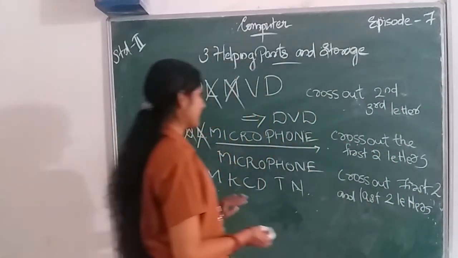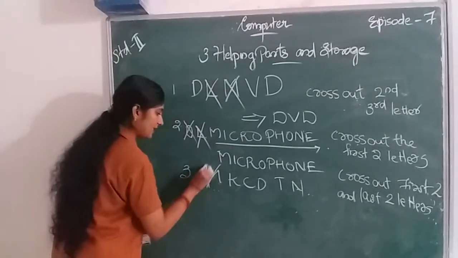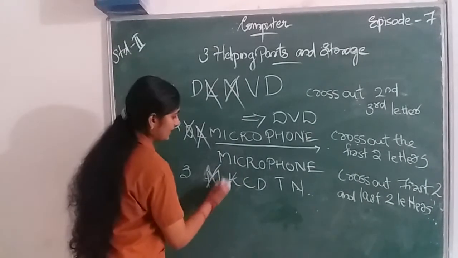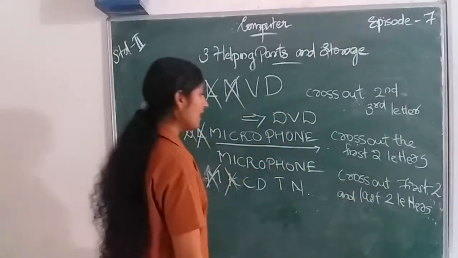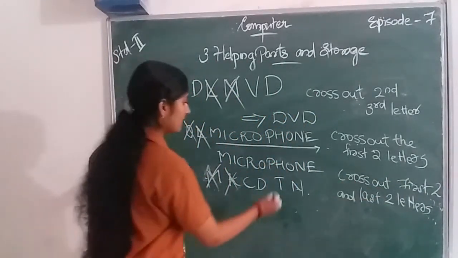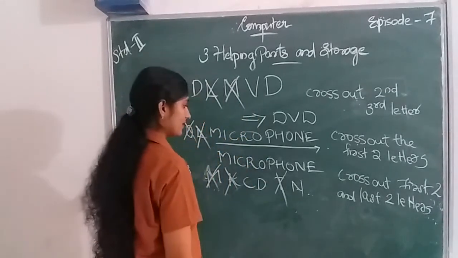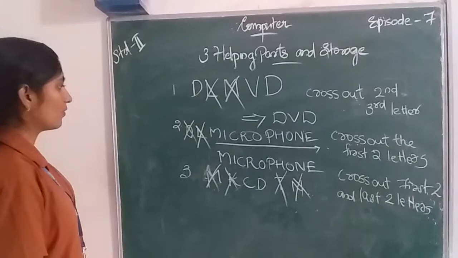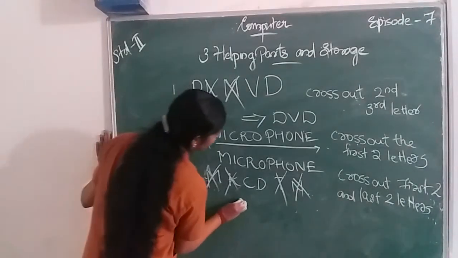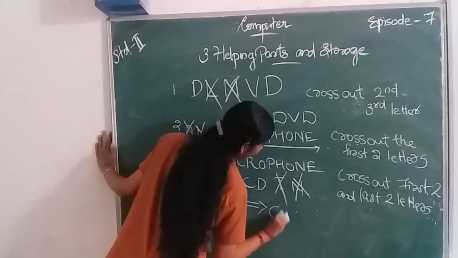Okay. So first two letters. First letter M. Second letter K. Cross out first two letters. And last two letters, T and last letter N. So finally, what is the result? What's the hidden word? CD.